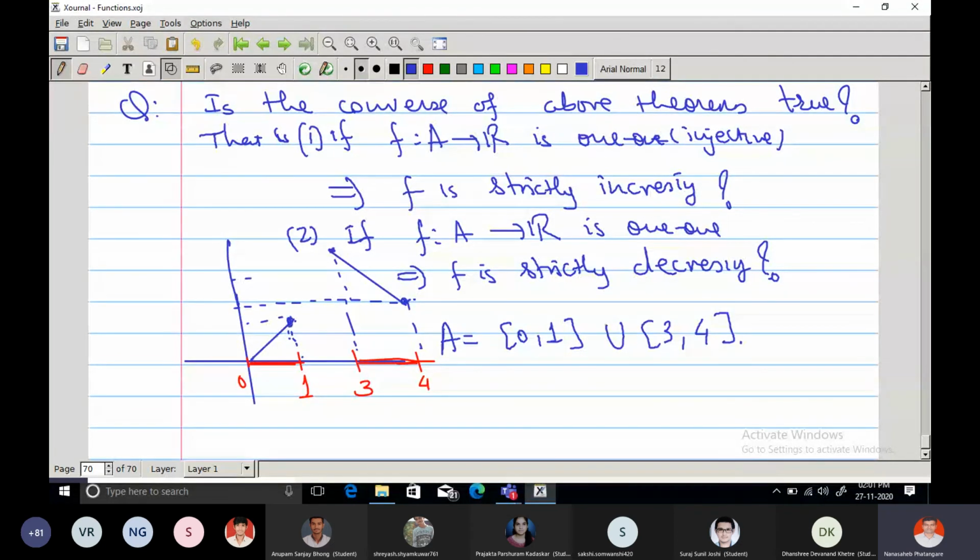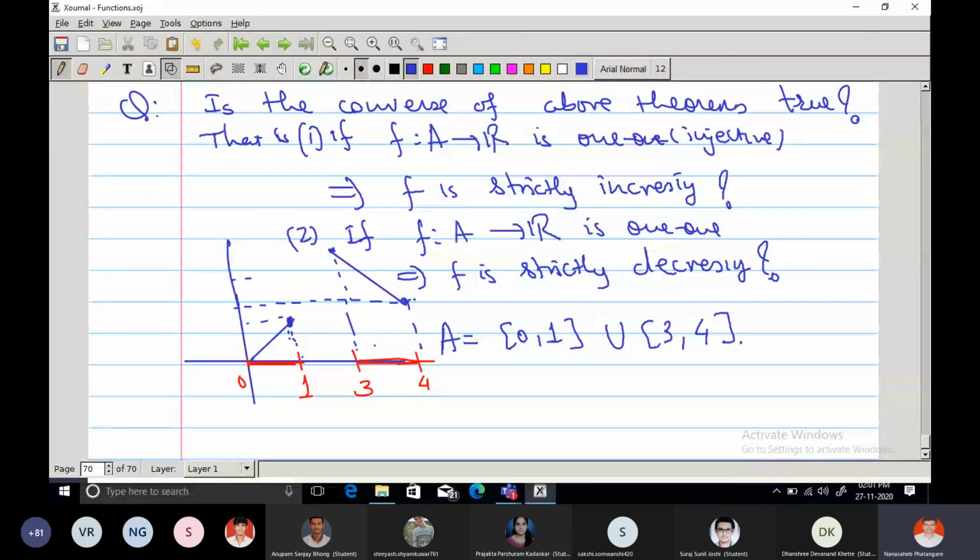Is this function 1-1? This is my graph. Yes. So this function is 1-1. Is it increasing? No, sir. Not increasing, because from 0 to 1 it is increasing, but from 3 to 4 it is decreasing. Correct? Do you understand? Yes, sir.